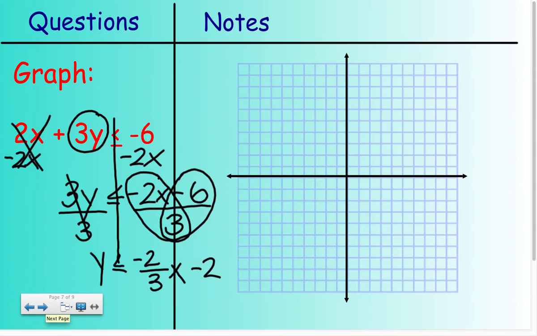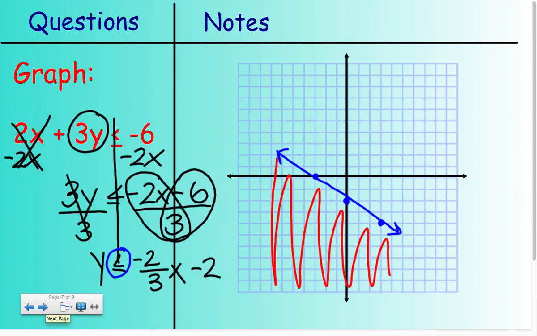So put your first dot at negative 2 on the y-axis. Rise negative 2, run 3. Rise negative 2, run 3. This one needs a solid line. And if y is less than or equal to, if I go to my y-intercept, less than means shade down. So everything in the red that's shaded and all the dots on my blue line, because it's solid, are solutions to this inequality.